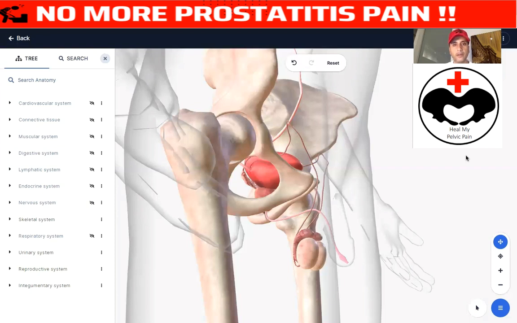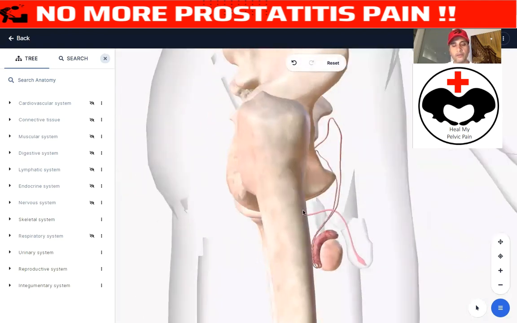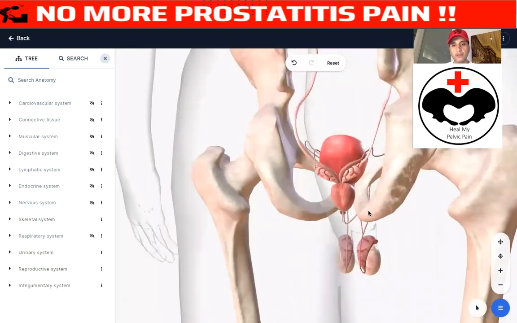So what I have here is a male model for the pelvis, and I'm showing you the bones here. You can see the pelvis bones. I'm going to rotate this so we can look at it from different angles. Here you can see the sitting bones and the buttocks area. And here you can see the prostate.